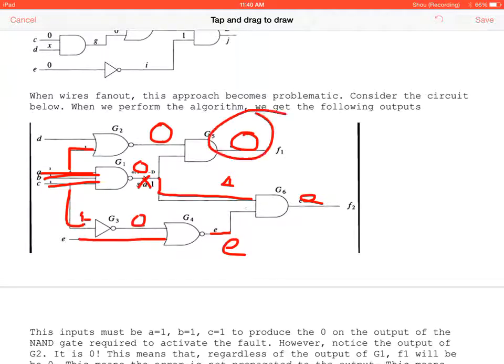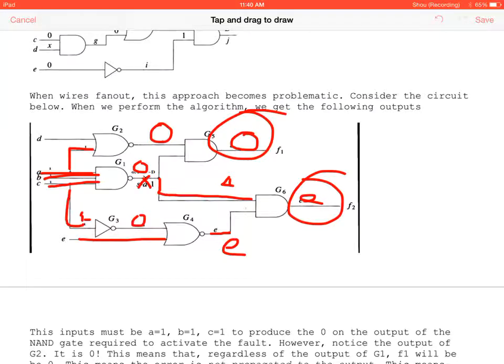So what happens is, no matter what, we're either going to get 0 or whatever the value of E is on the output. We have failed to propagate the error through the circuit. The reason is that we have fan in and fan out on these nodes, which reconverge with the error.